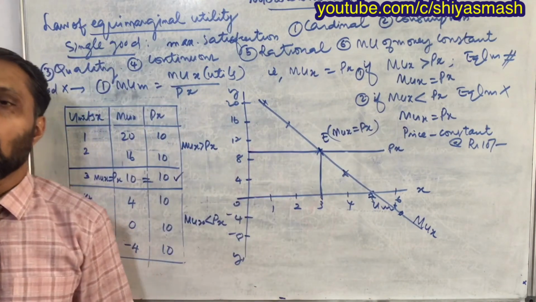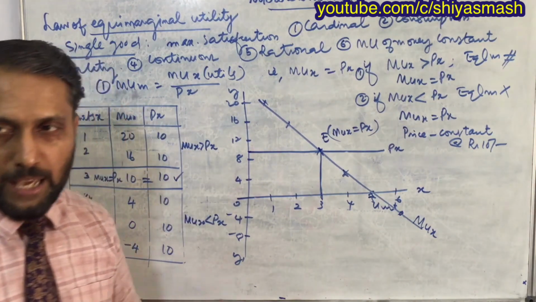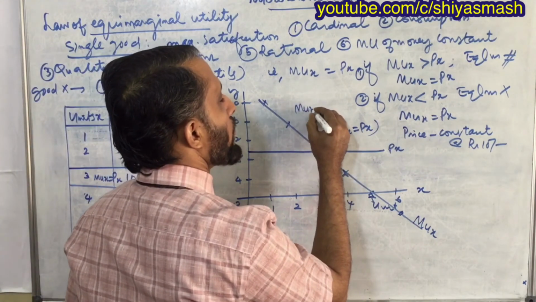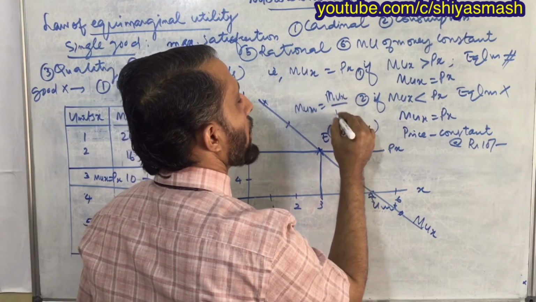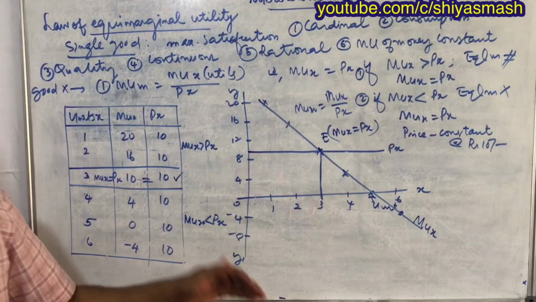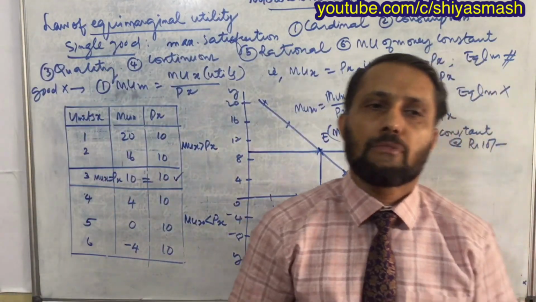At that point, two conditions are satisfied. One is MUX is equal to PX. The second is that MU of money is equal to MU of X by price of X. These are the two conditions of equilibrium where the consumer consumes a single commodity and forms the equilibrium.